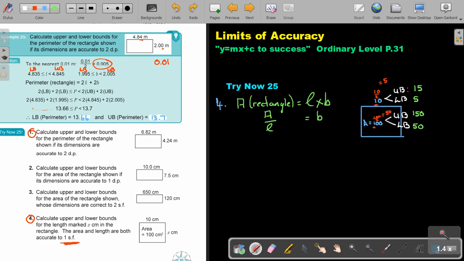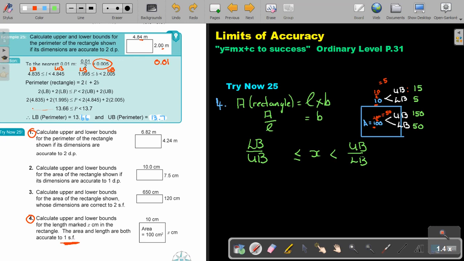So remember it's division. So it will be lower bound divided by upper bound. Go back to that table if you struggle with this. And this one will be upper bound divided by lower bound.